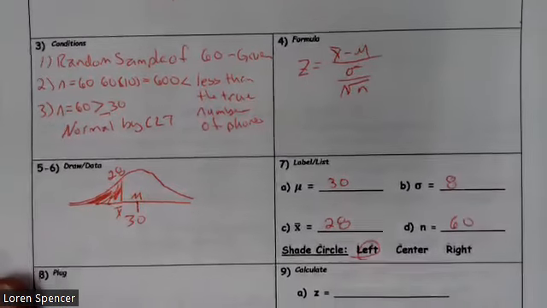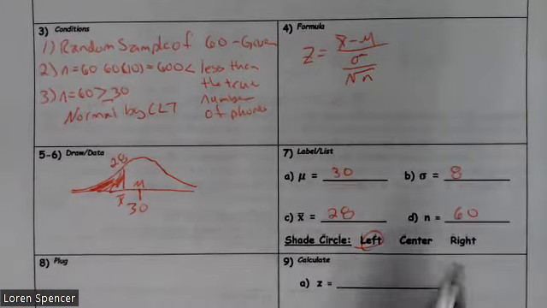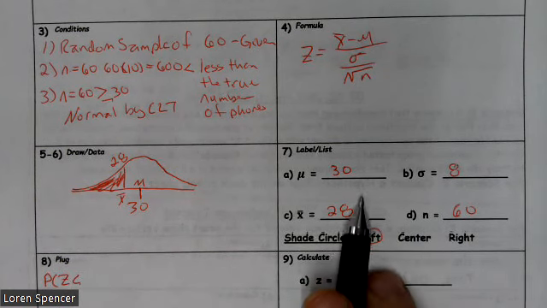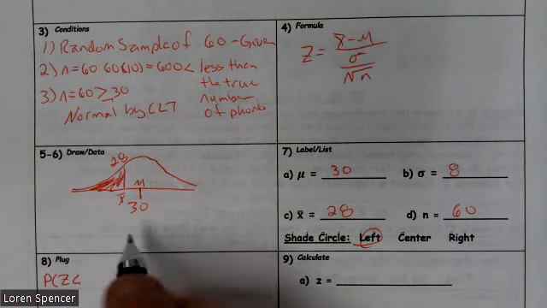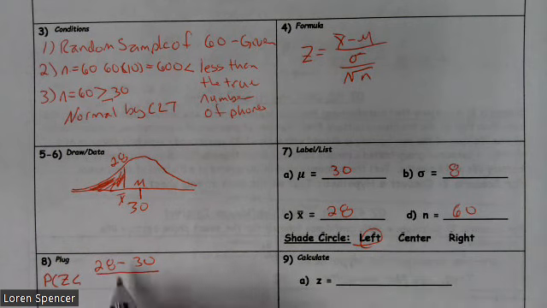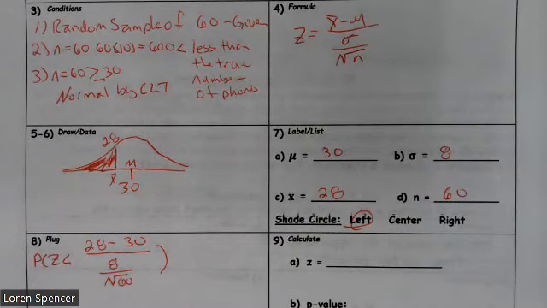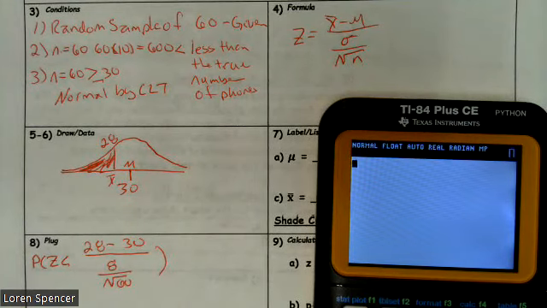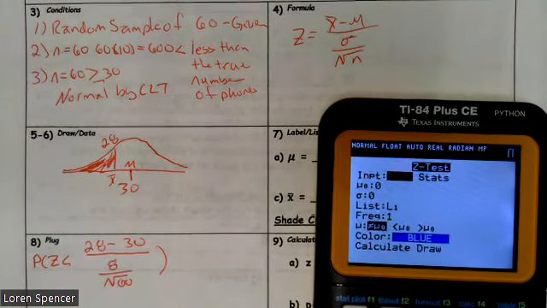All right, so the next thing we need to do is plug in our information. We want the probability that Z is less than 28 minus 30 over 8 divided by the square root of 60. On the calculator: stat, test, Z-test.